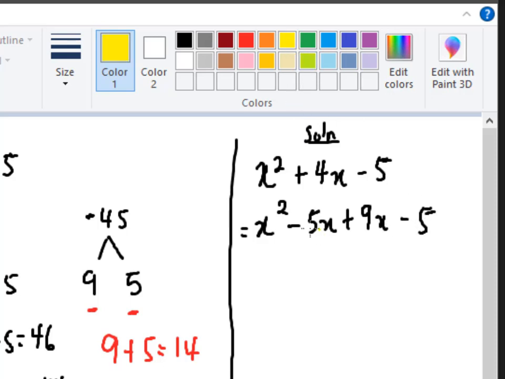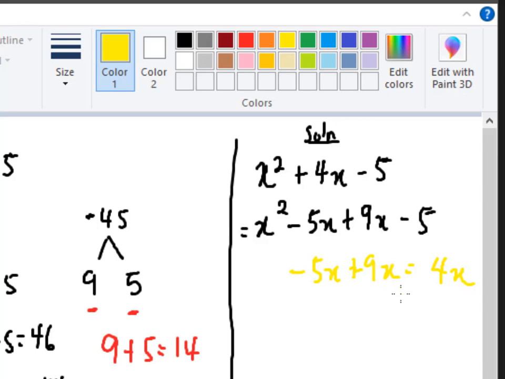You can see that minus 5x plus 9x gives us 4x.